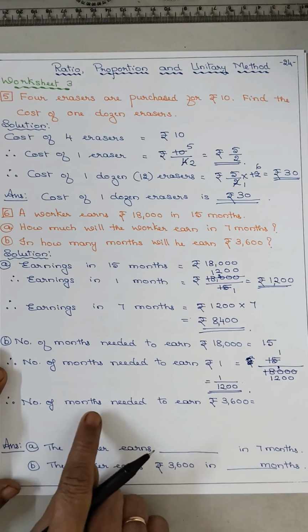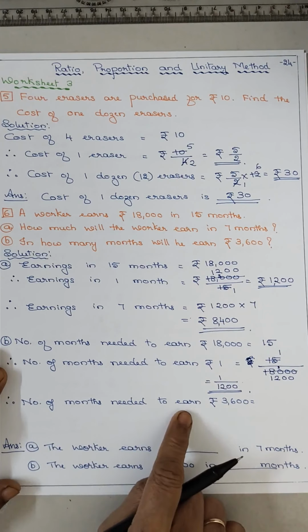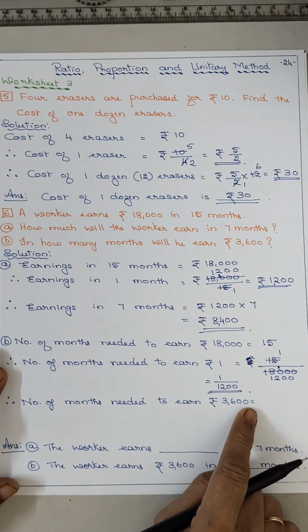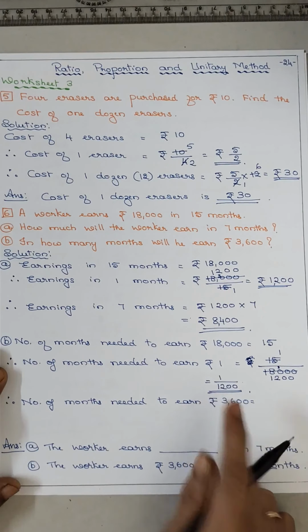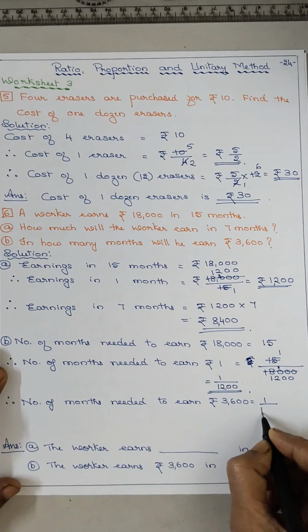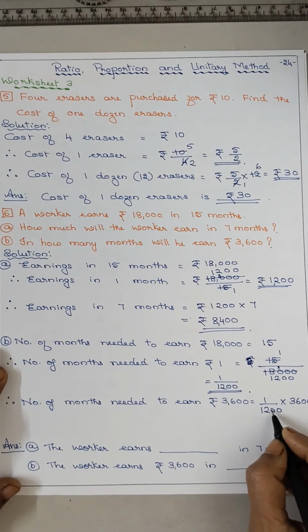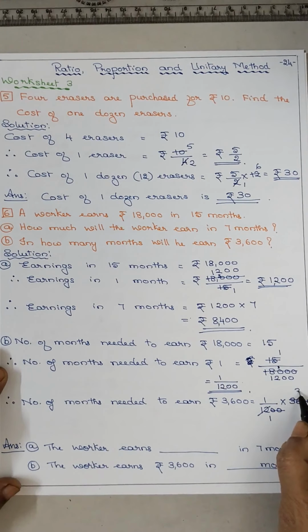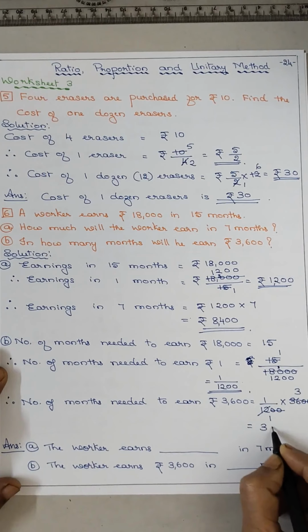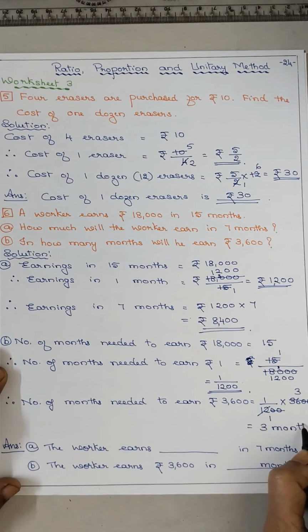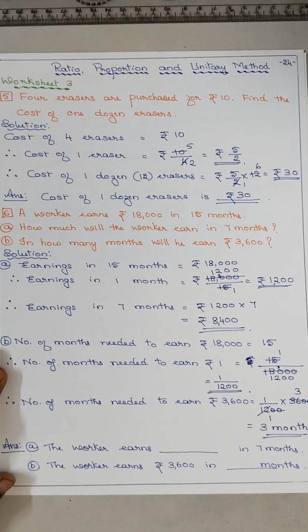Now question, in how many months will he earn 3600? So number of months needed to earn 3600. अभी क्या आंसर मिला, 1 upon 1200, अभी into 3600. 12 ones are 12, 12 threes are, so you got 3 months. समझ में आया?